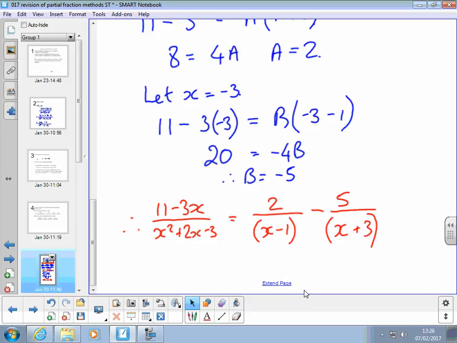That's resolved into that pair of partial fractions. Okay, everyone happy with that? Yeah?